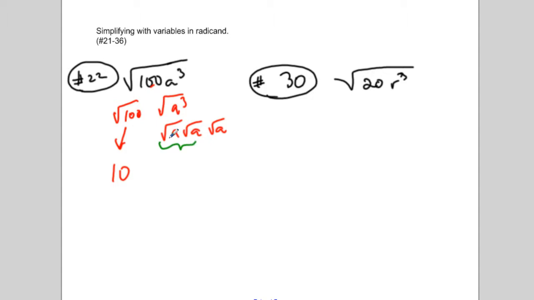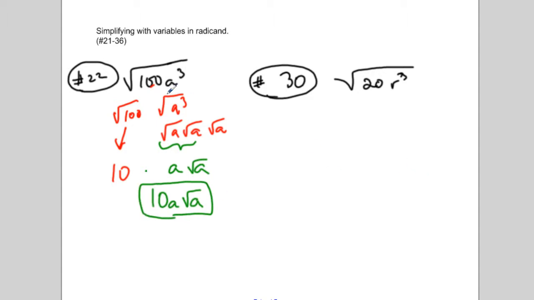So these two are the same, square root of a, square root of a. Two of the same makes one without a square root. This one doesn't have another square root of a to match up, so it's going to be left under the square root. These are two numbers without square root. They get multiplied together, so it's 10a on the outside and square root of a.